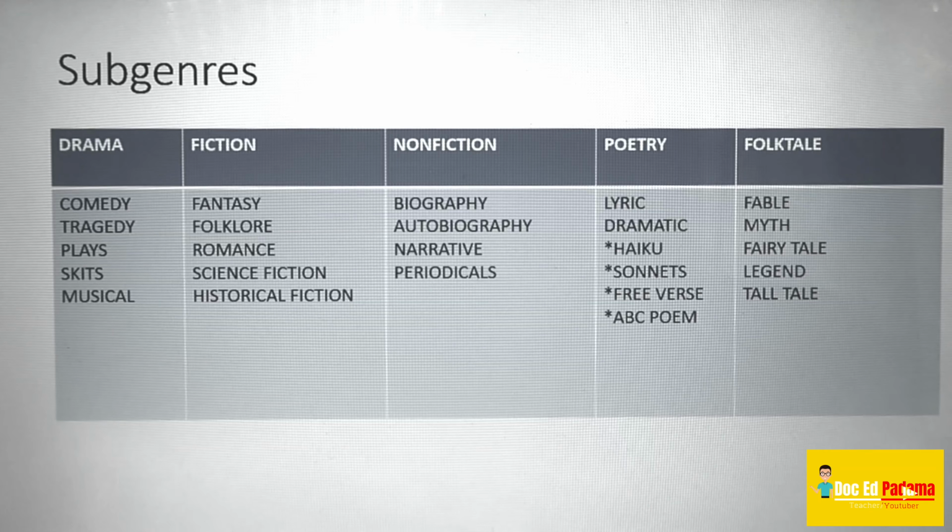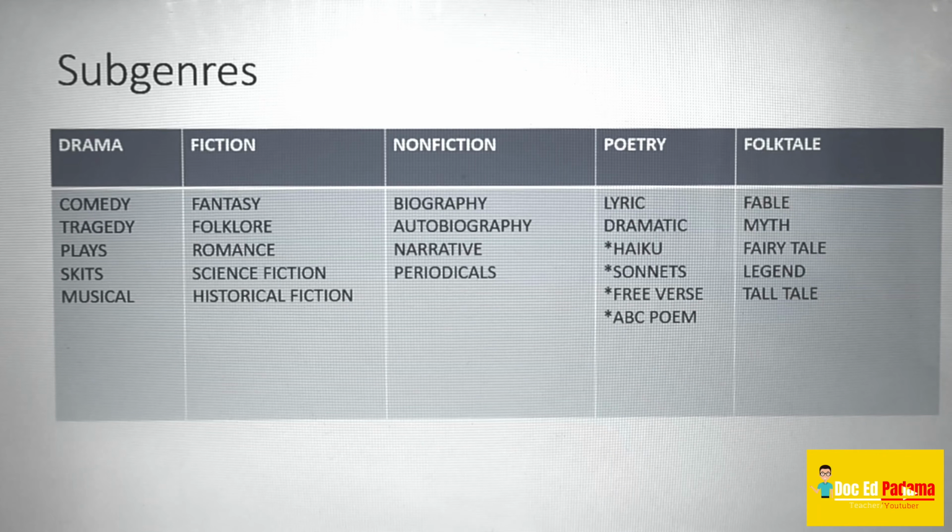Again, these are examples but are not limited to the following subgenres. Meaning, there are still a lot of subgenres that will be classified under these categories. So, again, for the purpose of this discussion, these are the most common, usual, typical subgenres that we will be including in our literary genres.